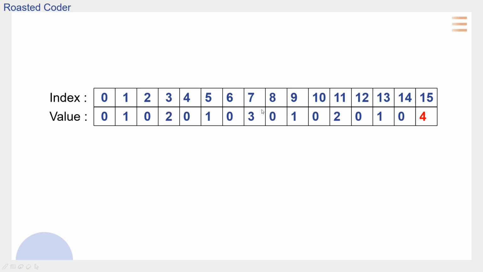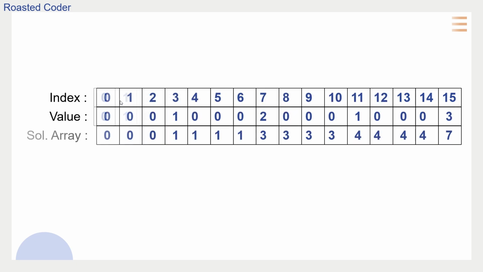For node equals 3 we can do only 2 AND operations. So we'll decrement all the values for odd indices. You can see for odd indices we decremented the value from 1 to 0, and for 3 we decremented from 2 to 1, and for 5 from 1 to 0. Similarly for 7, 9, 11, 13 and 15.